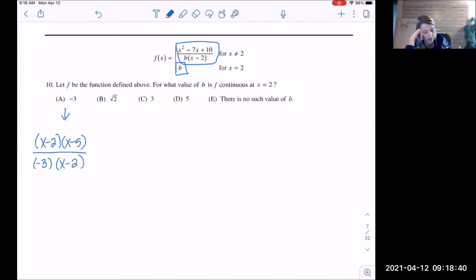And then my other function will be basically the point 2, -3, right? If b is -3, my hole is at 2. You see that? My hole is at 2.